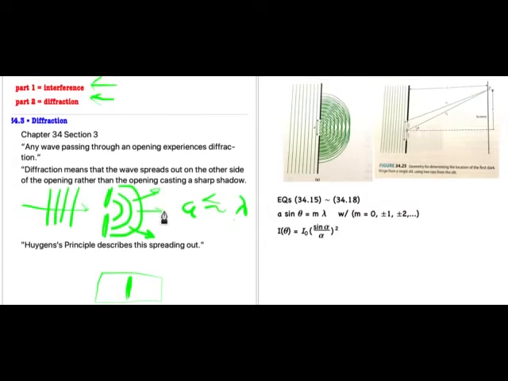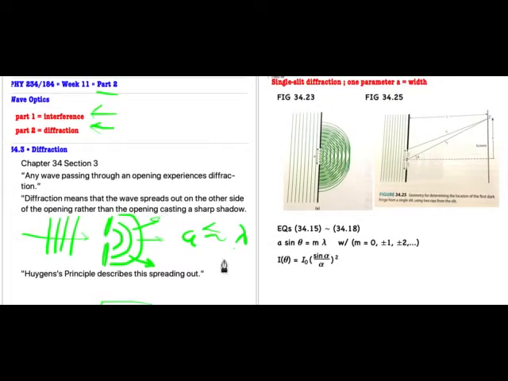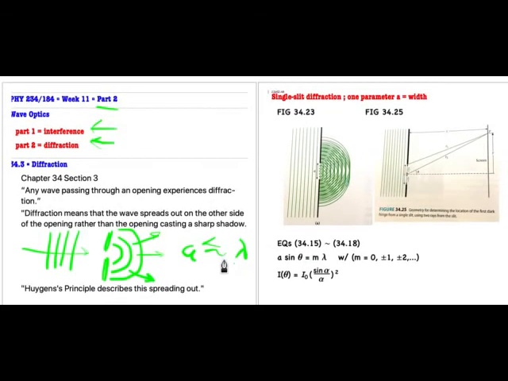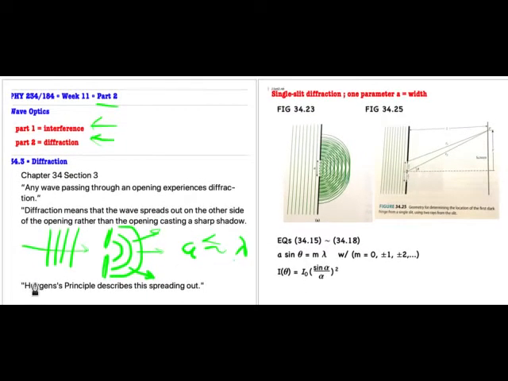Now, there's another sentence I'll quote. Huygens' principle describes this spreading out. So let's consider the case of single slit diffraction, which is what I have here. There's one parameter in the problem, namely the width of the slit.